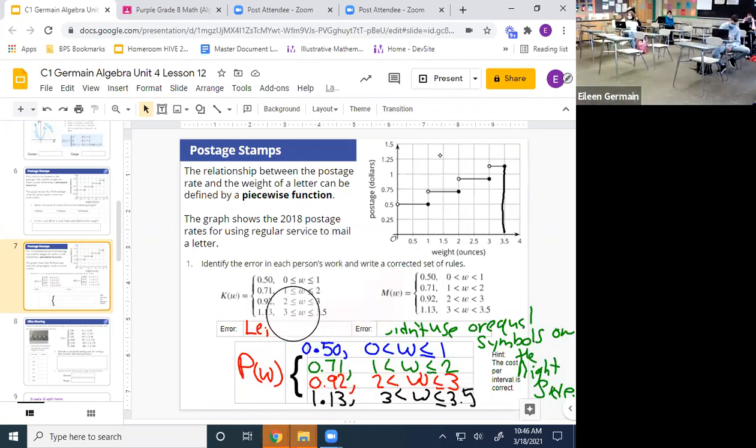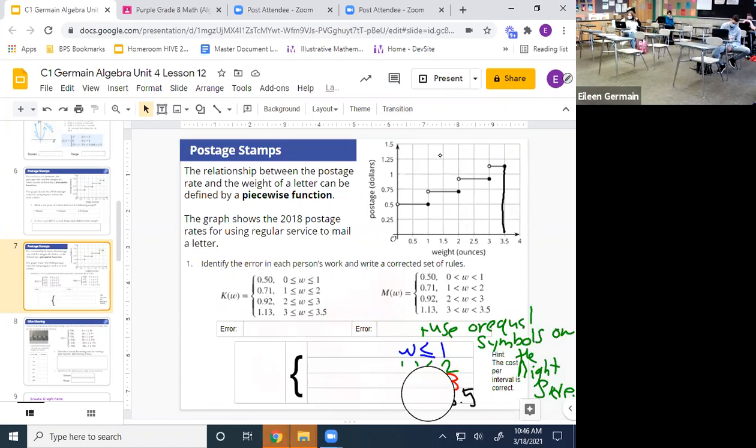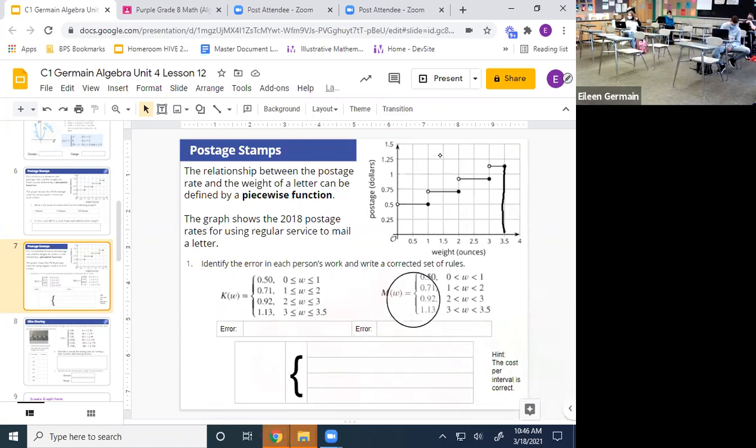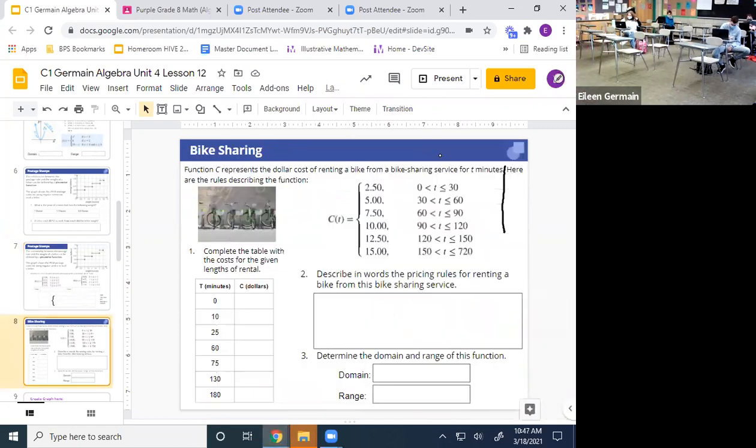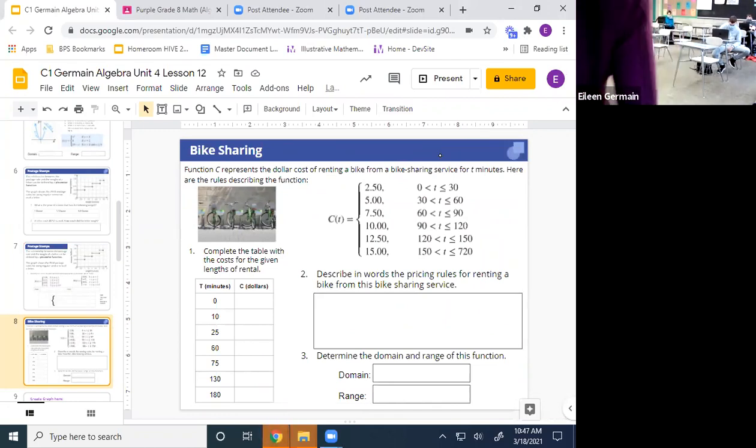Okay, here we go. Let's move forward. So we're looking at 8. Okay, 8, we're looking at a different scenario here. This time we're given the piecewise function written in function notation, sorry.